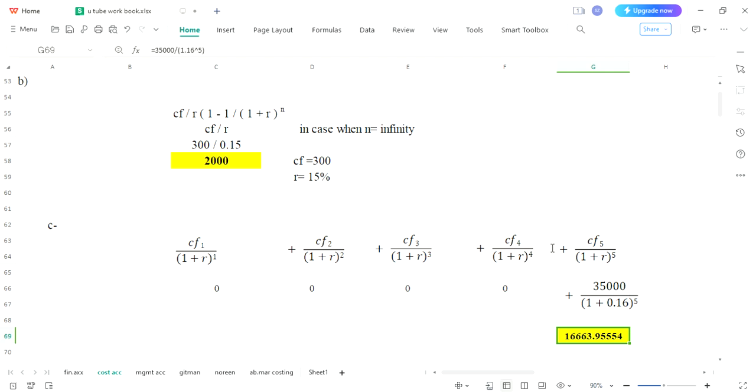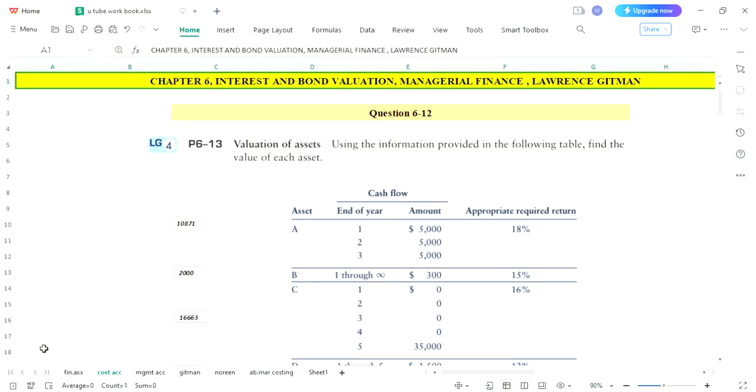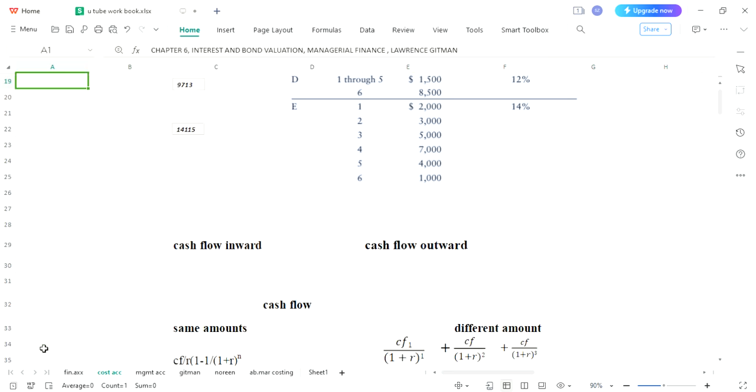Writing this formula on Excel will take time. Otherwise, once you have written this formula, everything would be very easy for you because we are just copying and pasting it. Now we will start our D part. Let's get back to the question and see what D part is saying to us. So we have D part 1 through 5, 1500, 12%, and the 6th cash flow is 8500.